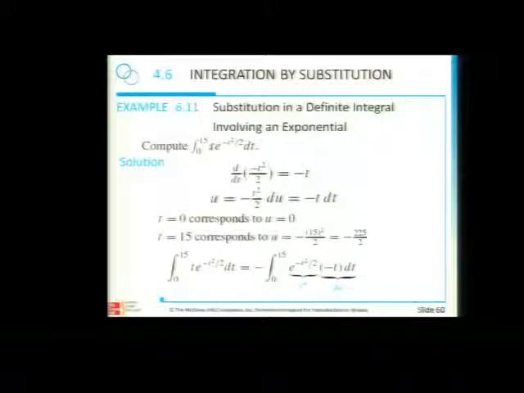We want to integrate this for t from 0 to 15, again using substitution. If you look at that, you differentiate this minus t squared over 2; the constant doesn't matter. You differentiate t squared, you get t, in fact 2t, but as I said, constants never mind. So let the whole thing here, minus t squared over 2, be our u.